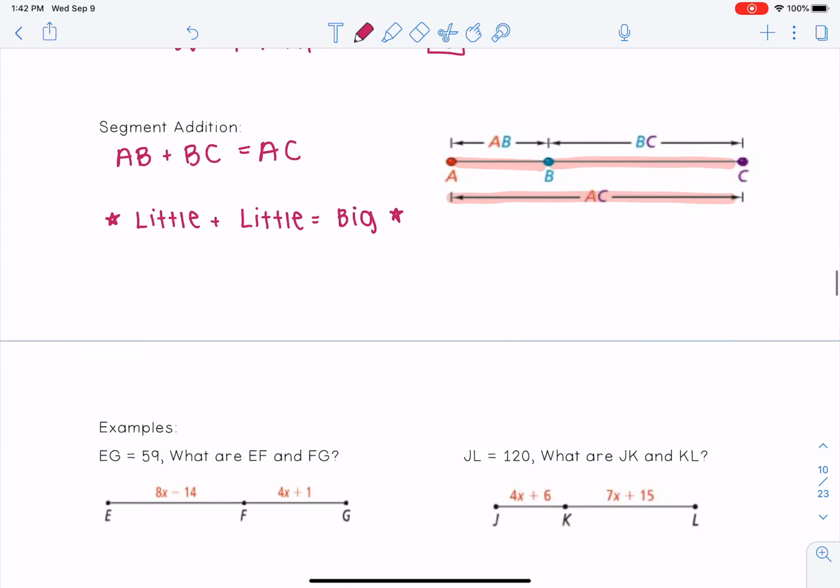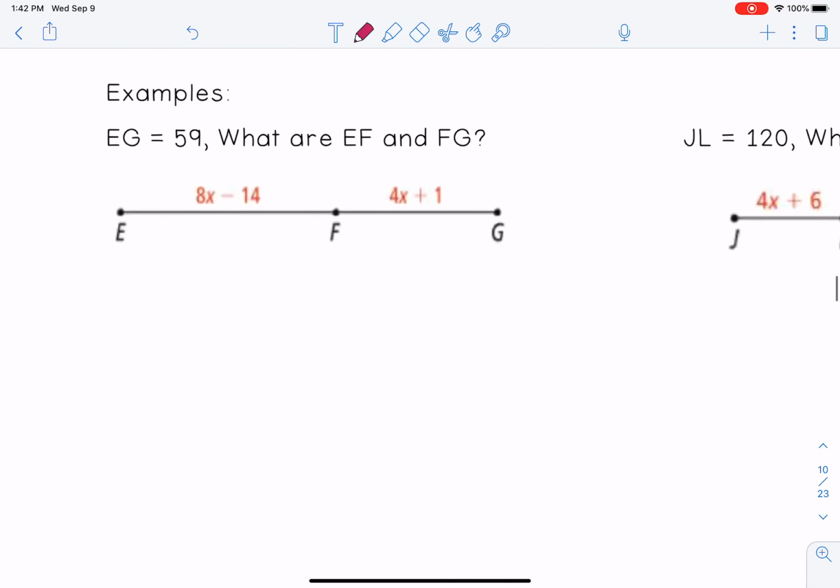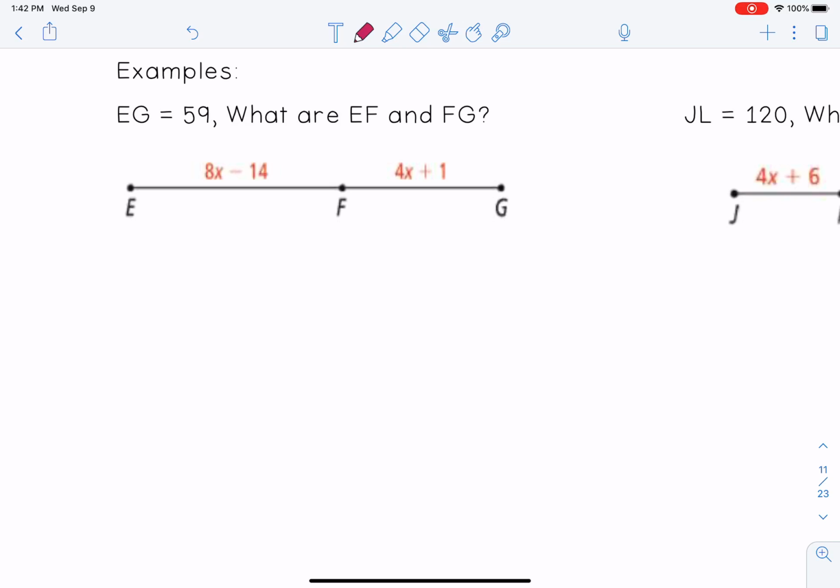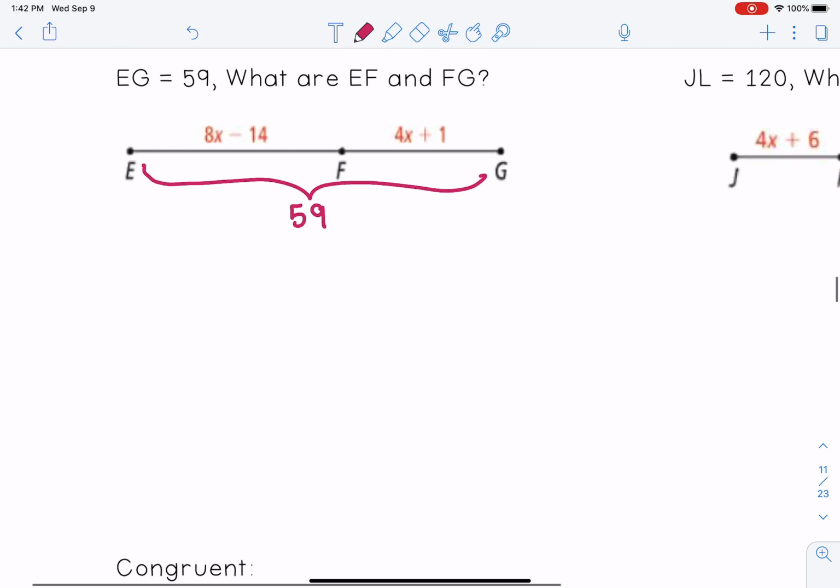So let's try out a few problems. In this first example, I have EG, and they tell me EG is 59, and it wants to know what EF and FG are. Well, EF and FG are labeled. So let's first try to write an equation. I know this little segment EF plus this other segment FG equals EG. The biggest mistake people make is not writing this equation first and then mixing up some of the numbers. So now we'll plug in what we know.